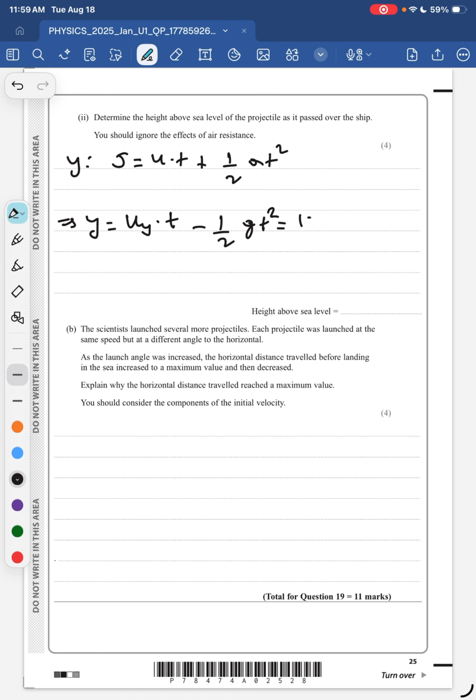So this yields 187.3 times 30 seconds minus 9.81 over 2 times 30 squared, so we get 1204.5 meters, but we are also 2 kilometers up.